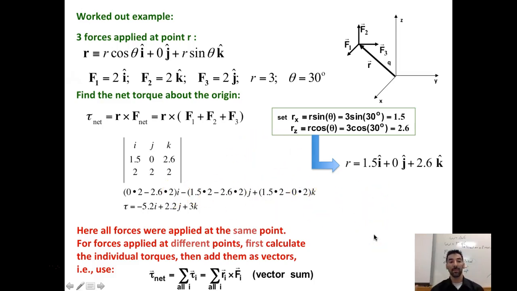I can set up the whole thing, and I say now torque is equal to negative 5.2 I plus 2.2 J plus 3 K. If I have more than one torque, remember, torque, just like force, does obey the law of superposition. So I can add up all of my torques to get a total torque, as long as I'm keeping my I, my J, my K notation, only adding up my I directions, my J directions, and my K directions.